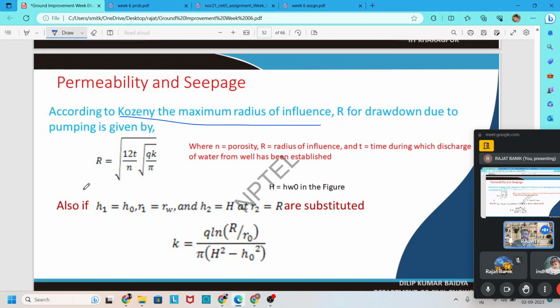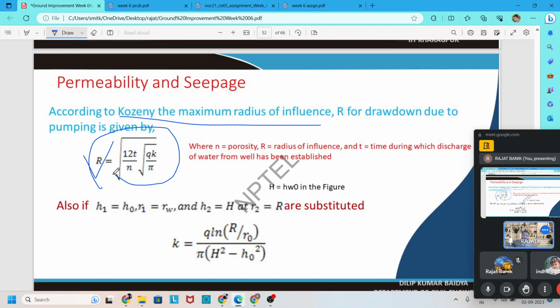Kusakin is given as root over 12t by n, and inside this root there is another root, given as qk by pi, where t is the time of pumping, n is the porosity of the soil, k and q are the permeability and rate of flow of the water, and pi is a constant, we know that. So like that we find out the influence radius, that means up to what distance this pumping influences the area, influences the surrounding soil.